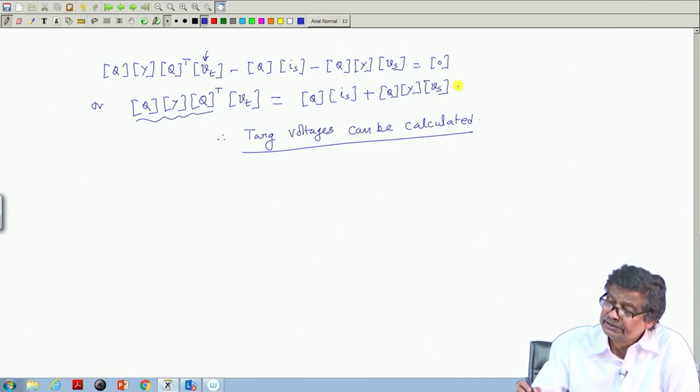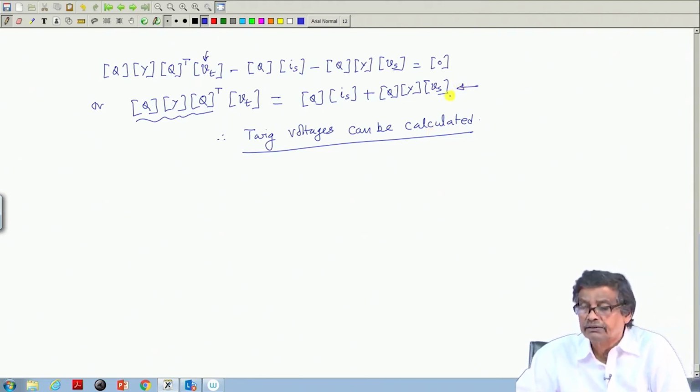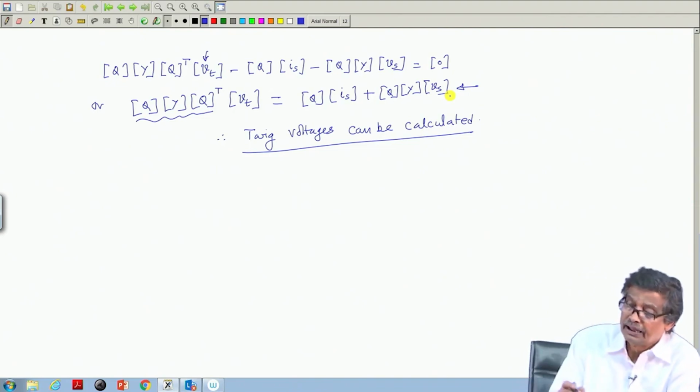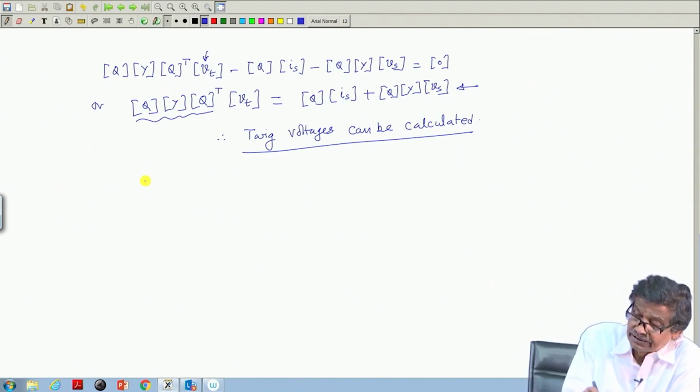Therefore, this is the KCL method only, but we are applying at the cut set. And previously, you just see whether I am writing correctly, we got this one A y A transpose.